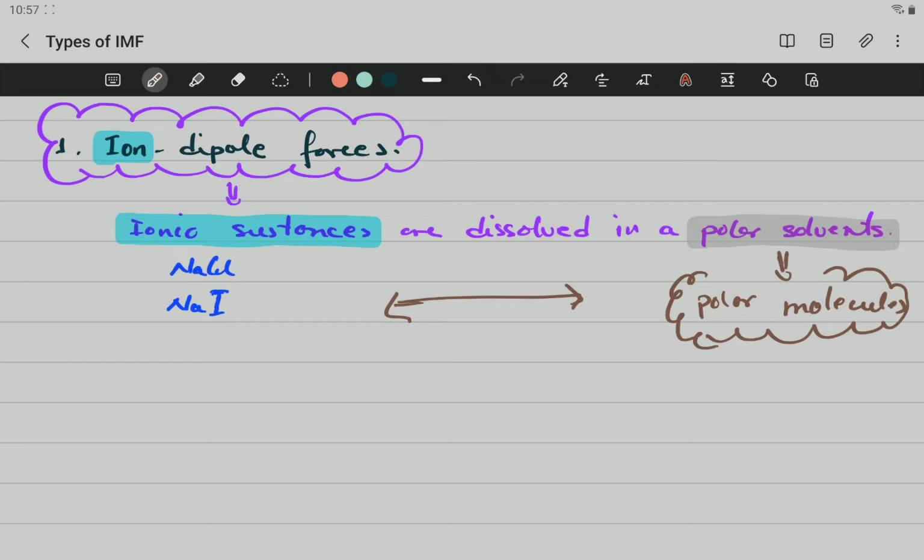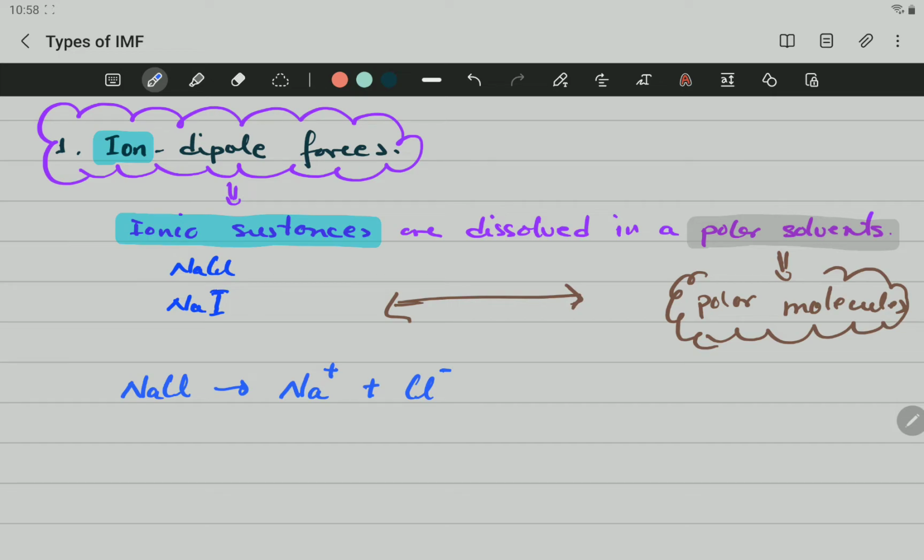Now, what is going to happen? Those ionic substances, when they dissolve, are going to dissociate. They are going to break into ions. Let's see the example of sodium chloride. When sodium chloride dissolves in water, it will dissociate. It will break into sodium positive and chlorine negative.